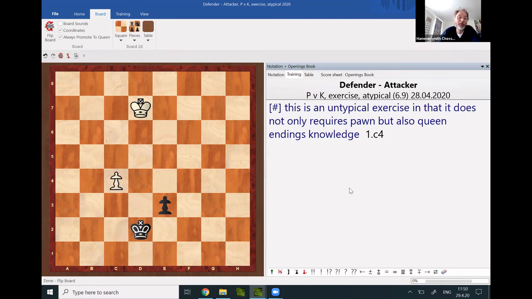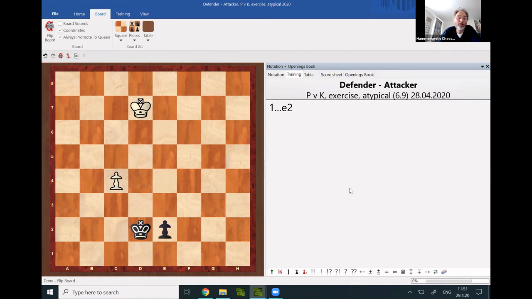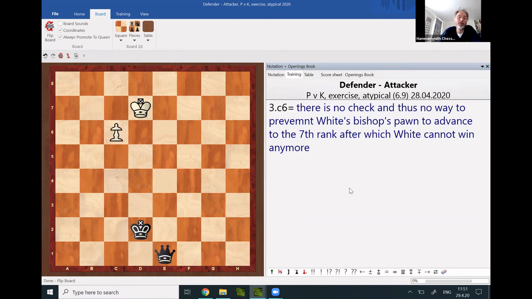It's a very untypical endgame, and the only reason for being able to draw this position, white to move, is because the pawn against the queen is a bishop's pawn, and black in this position is unable to check the white king.